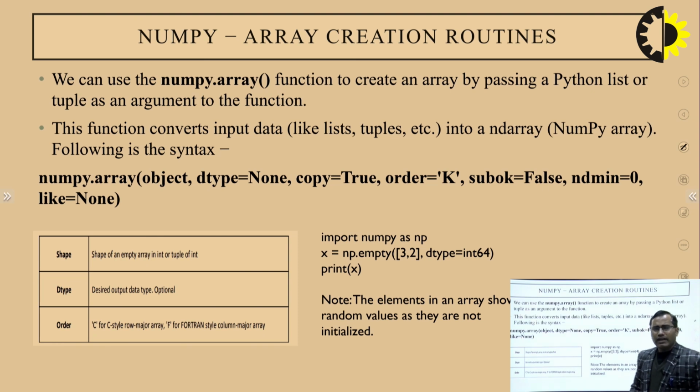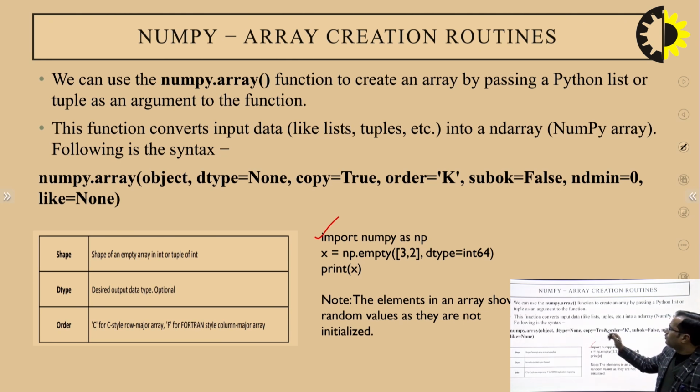So how can we create these ndarray objects? If we want to create Numpy array objects in our programming for the purpose of data processing, as I have said, first we have to install the library on our system, and then we have to import Numpy. We have various routines and functions to create Numpy arrays in our programs.